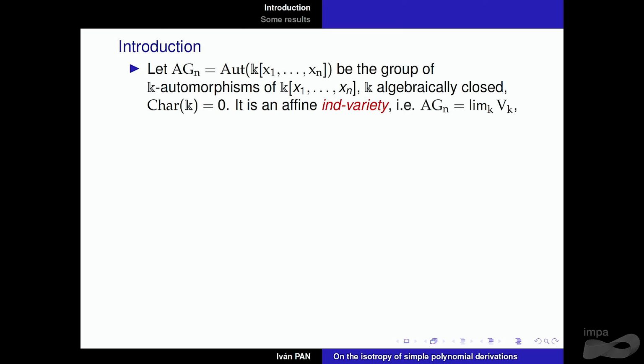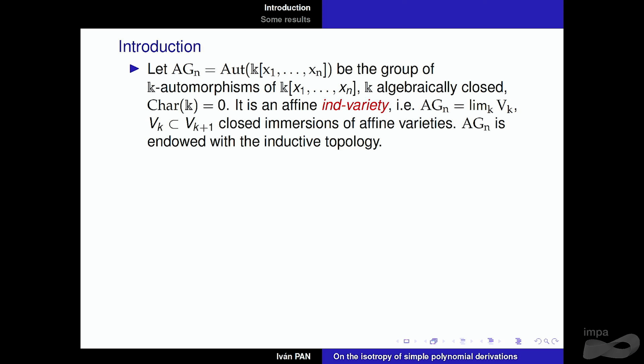That is, AGn is the limit of algebraic varieties where Vk is contained in Vk plus 1 as a closed immersion of affine varieties, because it's not an algebraic group. In fact, it's, as one says, an infinite dimensional algebraic group for this property.